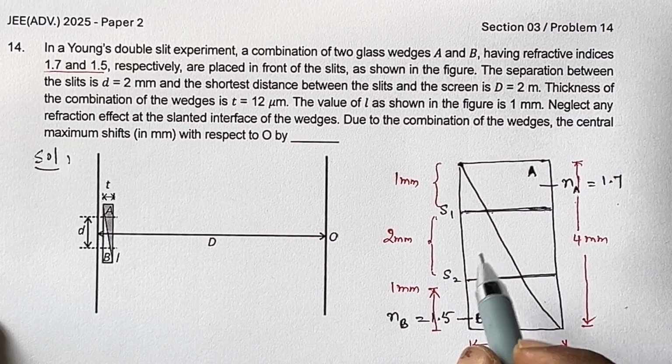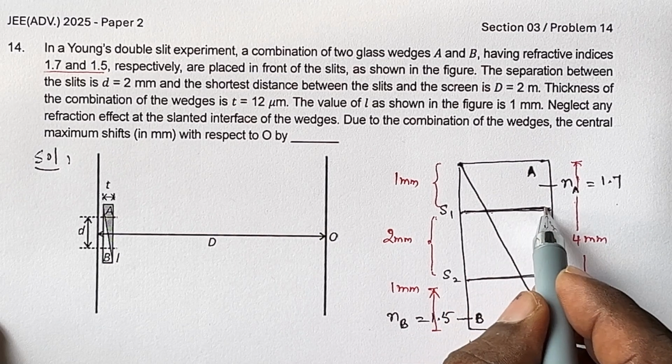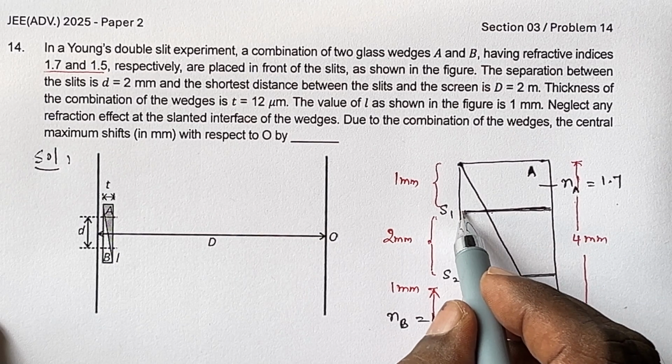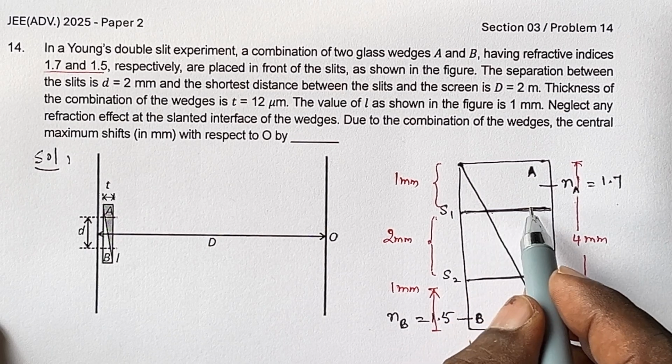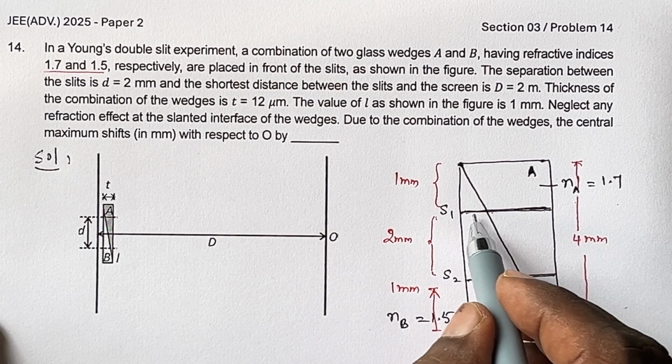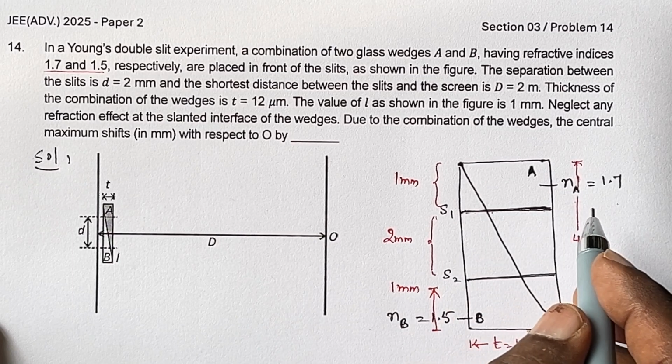When light is coming from S1, it has to go in this way. So it has to travel through two media, B and A. How much distance it is traveling through each medium is very important.